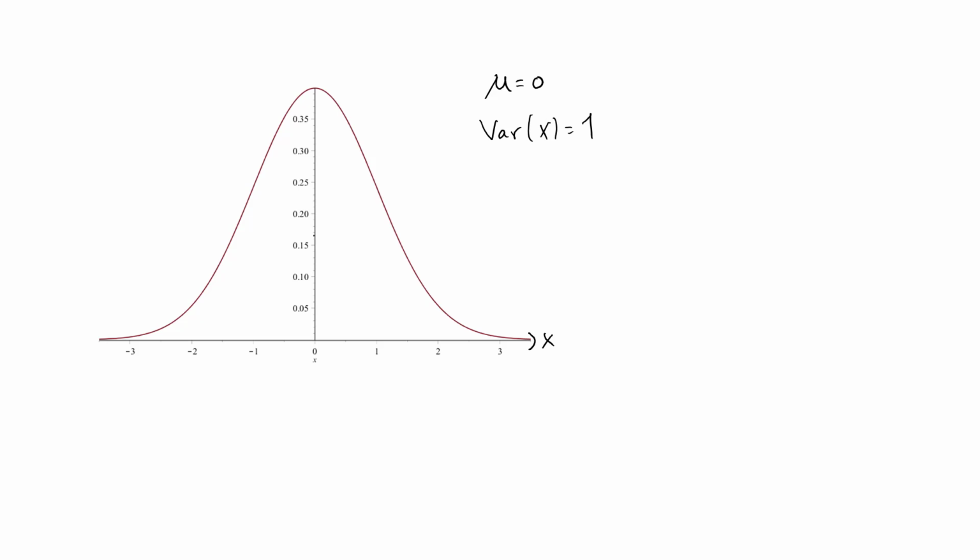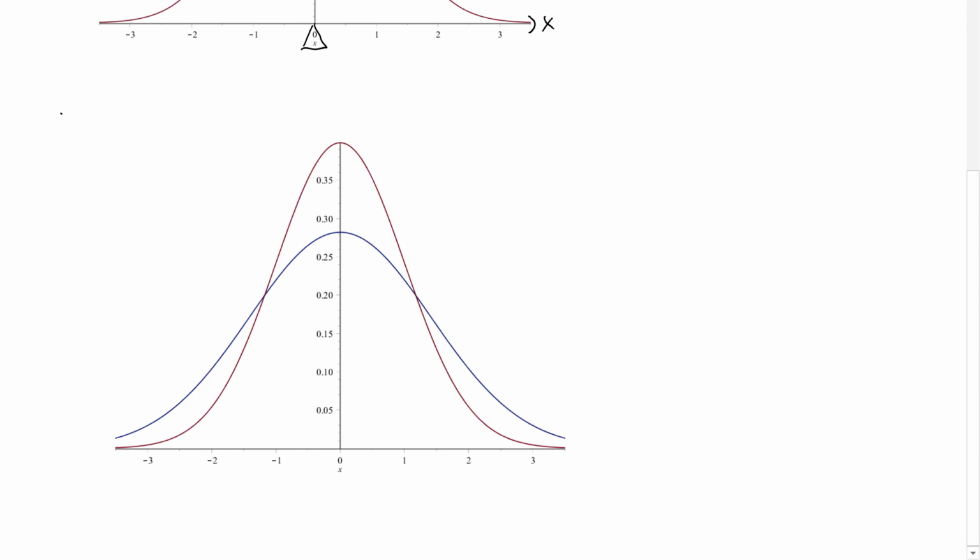There isn't really any way of seeing directly from the PDF that the variance is 1. We can immediately see from the PDF that the expected value is 0, as this 0 point here would be the center of gravity of this graph.